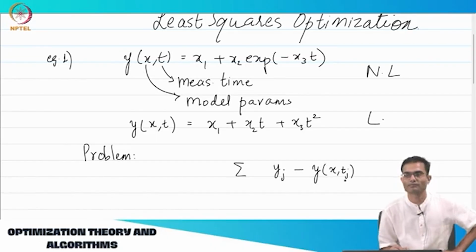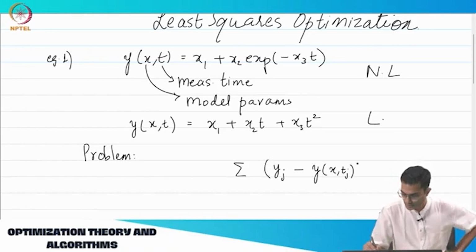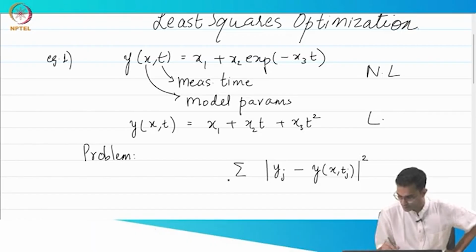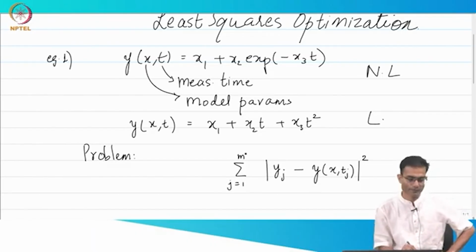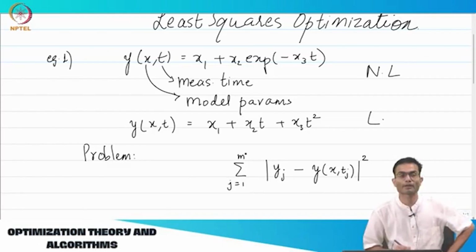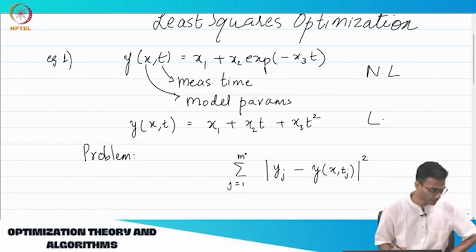This is my jth measurement. And what I'm going to do is I'm going to square this. J is going to go from 1 to m. And this is what I want to minimize as much as possible.